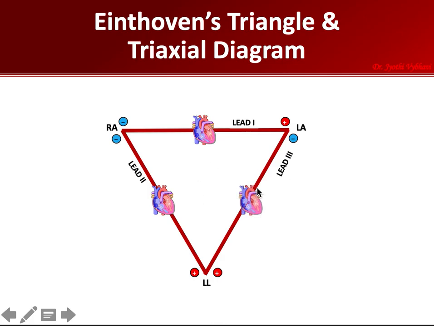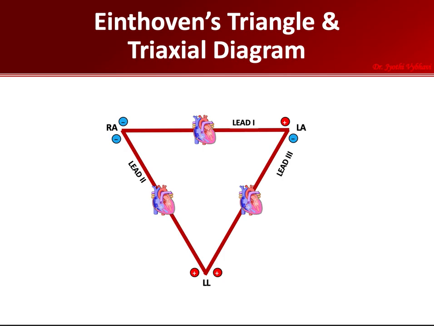So lead 3's central point also is the heart, right? So what Einthoven did, he rearranged all these leads in such a way that the heart is the common point for all the leads, isn't it?